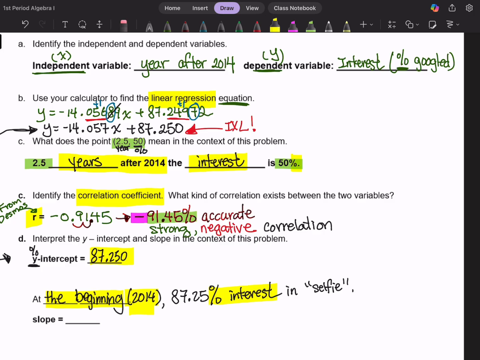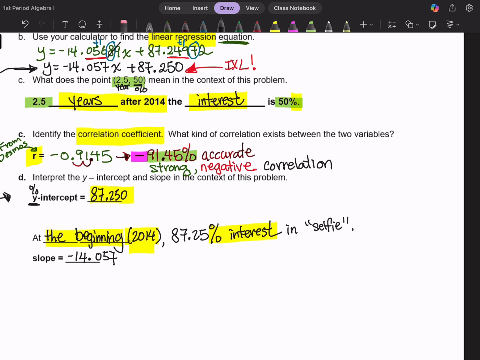And then the last thing, they like asking these kinds of questions, the slope. Again, you go back to the equation. You grab the number from the equation, negative 14.057. That's your slope. How do you interpret it? Remember, slope is rise over run. That means the line right here on the fraction, that's the word per.